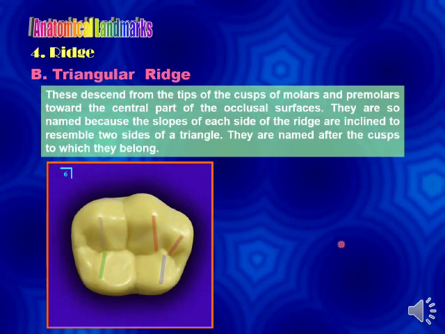Triangular ridge. These descend from the tips of cusps of molars and premolars toward the central part of occlusal surfaces.